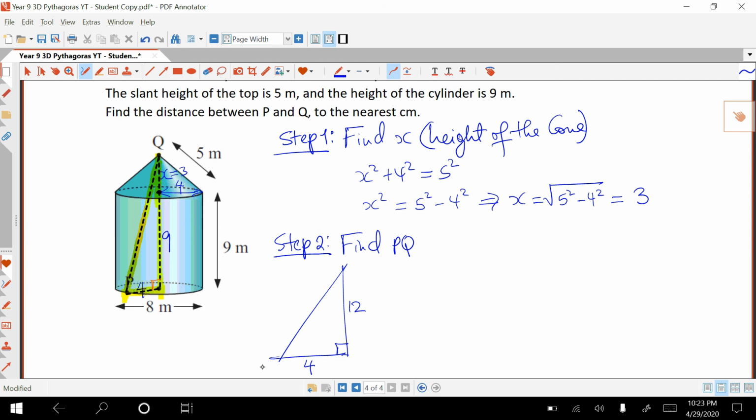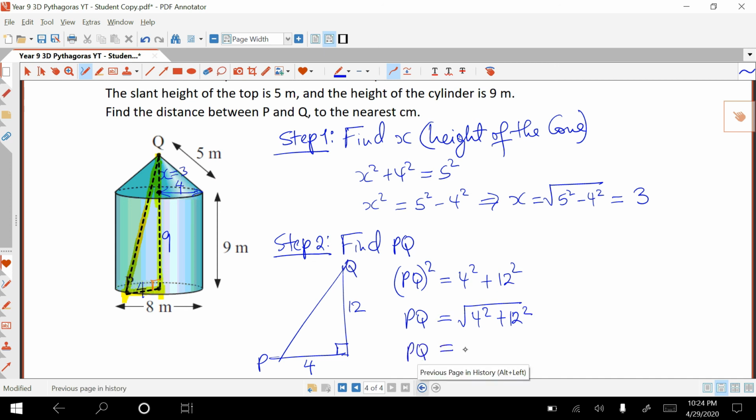And this is P, and this is Q. So basically, PQ squared will be equal to 4 squared plus 12 squared. So PQ by itself will be equal to the square root of 4 squared plus 12 squared. And if you plug that in the calculator, that will be equal to 12.6. And that will be the length of PQ.